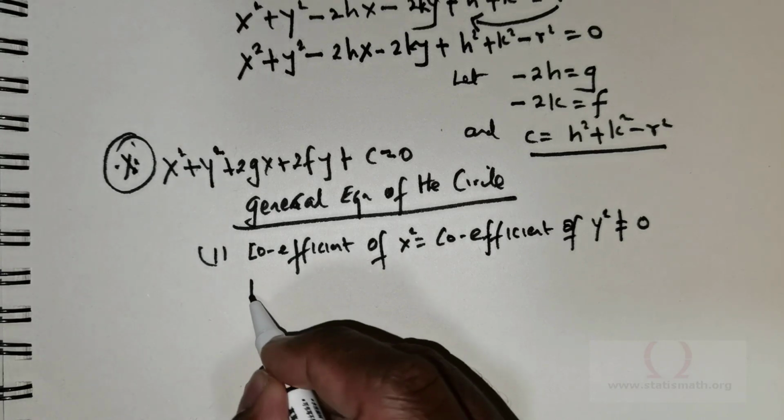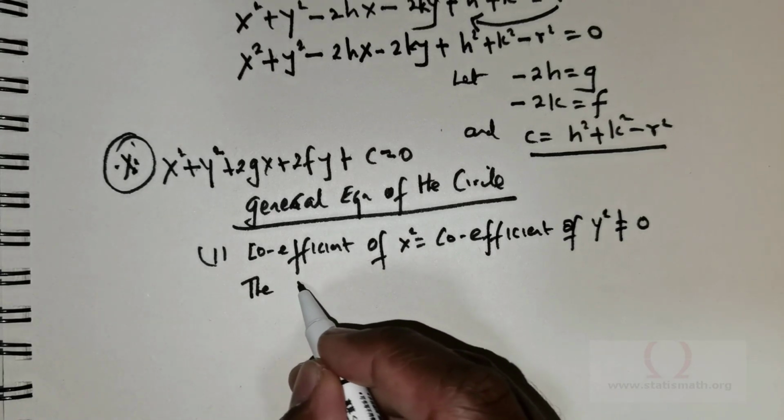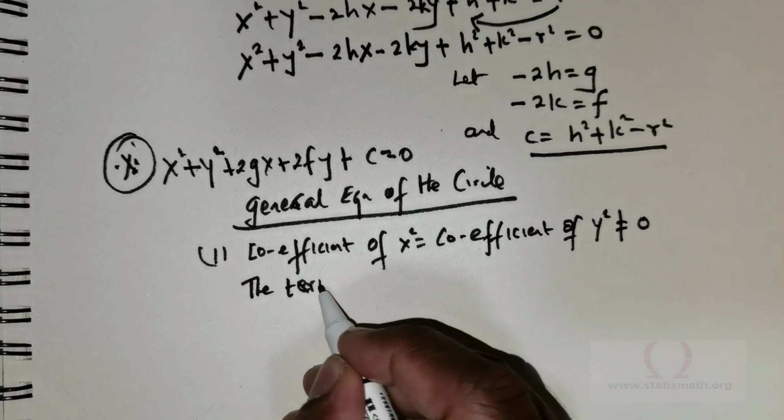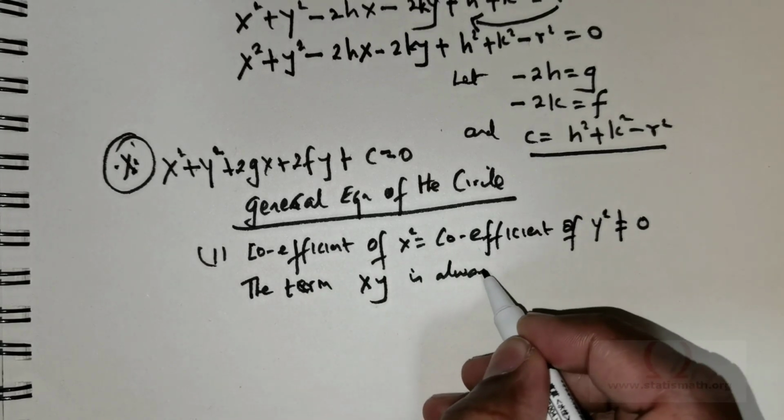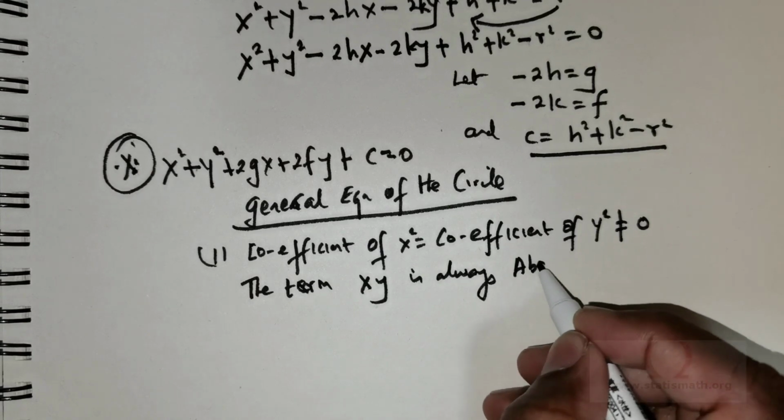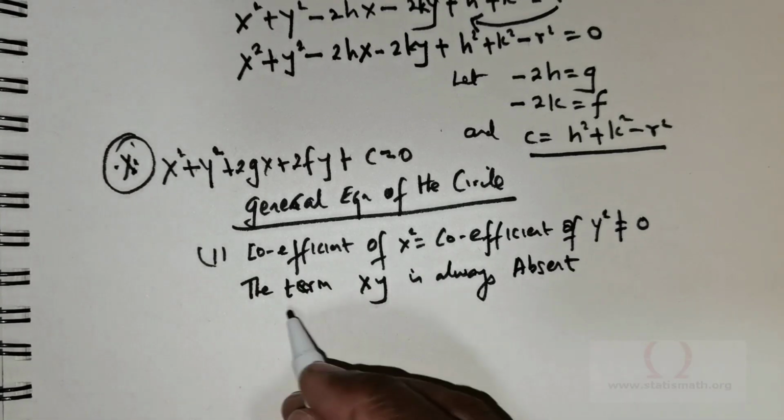The second point is that the term xy is always absent. There will not be any xy term at all.